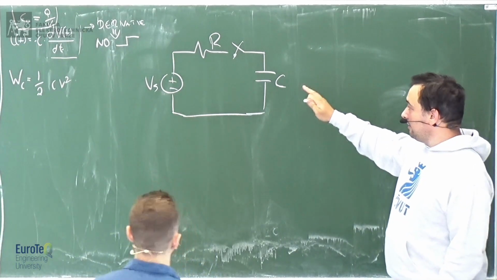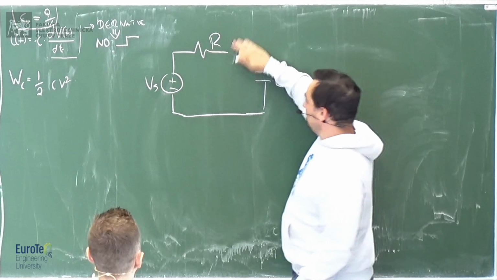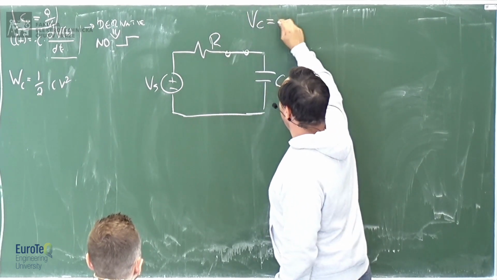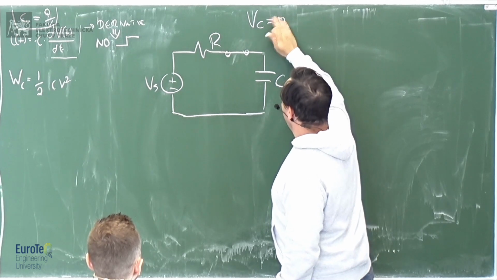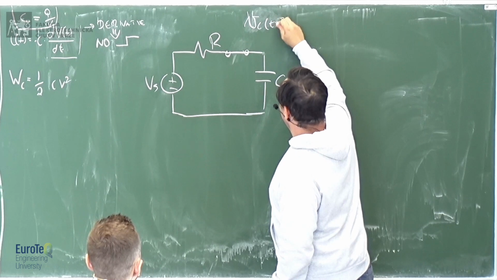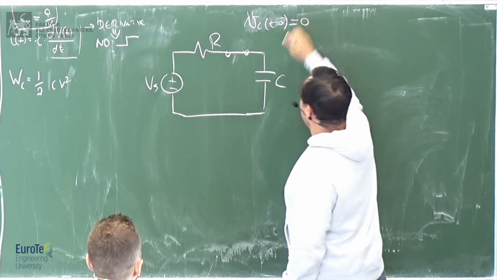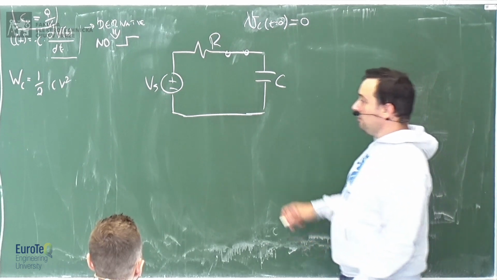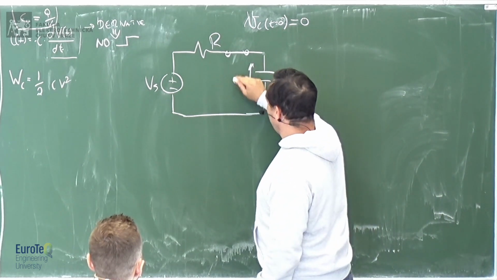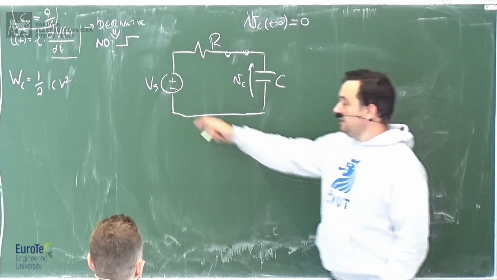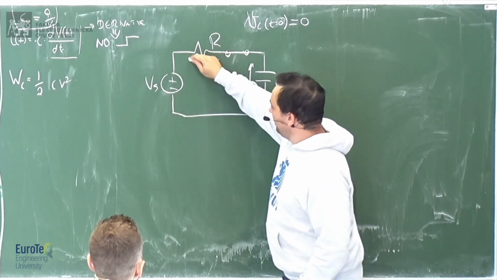We arrive to there. So what happens when I close this circuit? Let's say that it's going to start charging. The voltage of the capacitor V naught is equal to 0 at time equal to 0, so it's discharged. So when you close the circuit, here you have VC, which is 0, VS, and VR.